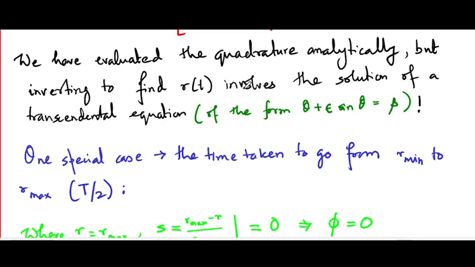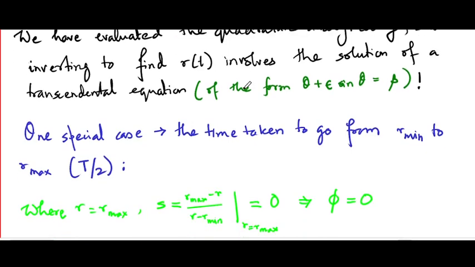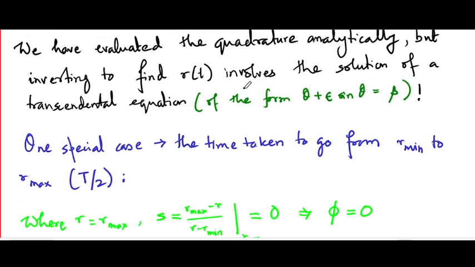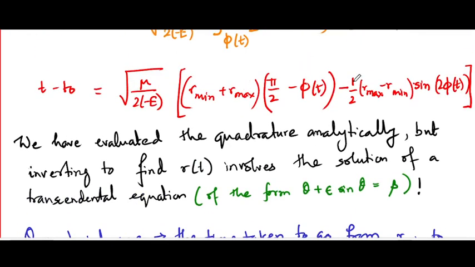Now, when r equals Rmax, our variable s, which remember is Rmax minus r by r minus Rmin, is simply 0. And since s is tan square phi, that tells us phi for that particular point at r equals Rmax is also 0. So we just plug in phi equal to 0 in this expression and most of it drops out.